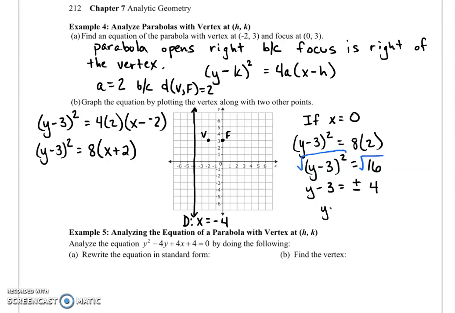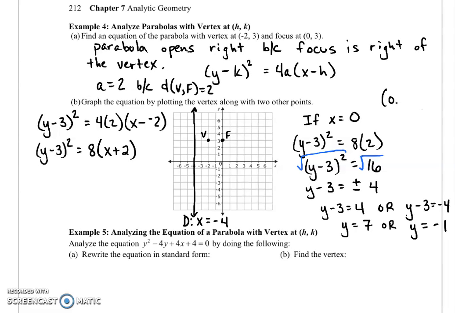So two equations, y minus 3 equals 4, or y minus 3 equals -4. Add 3 to both sides, we get y equals 7, or y equals -1. So our 2 points are 0, 7, and 0, -1.